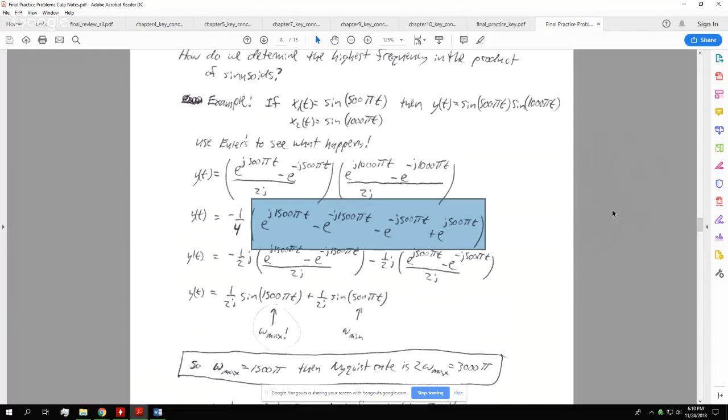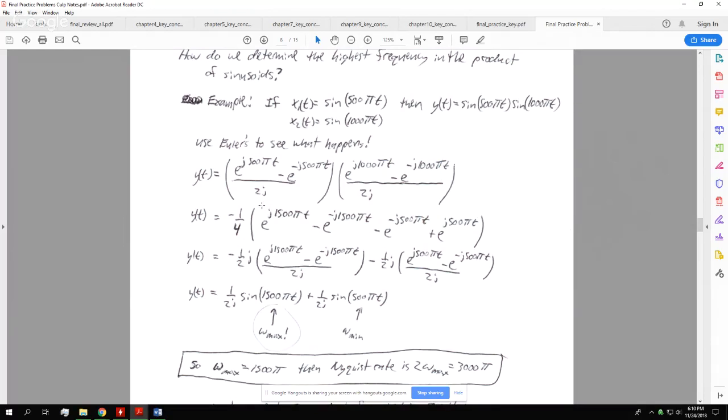Then I used the exponent product rule: 500 plus 1,000 becomes 1,500, and minus 500 minus 1,000 becomes minus 1,500. Then a minus 500 plus 1,000 becomes a plus 500, and a minus 1,000 plus 500 becomes a minus 500.